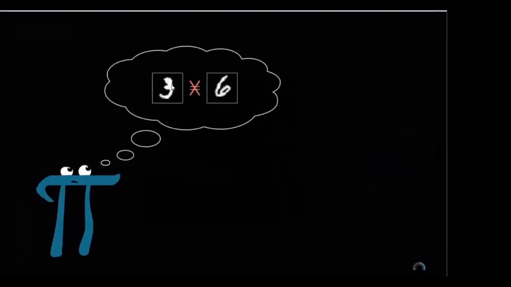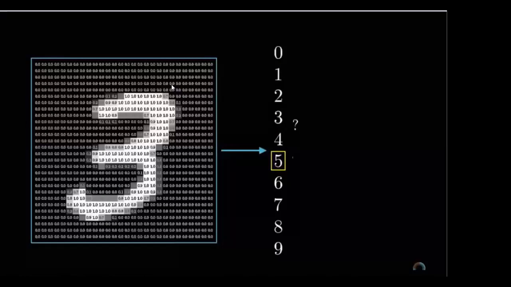But if I told you, hey, sit down and write for me a program that takes in a grid of 28 by 28 pixels like this and outputs a single number between 0 and 10, telling you what it thinks the digit is, well, the task goes from comically trivial to dauntingly difficult.